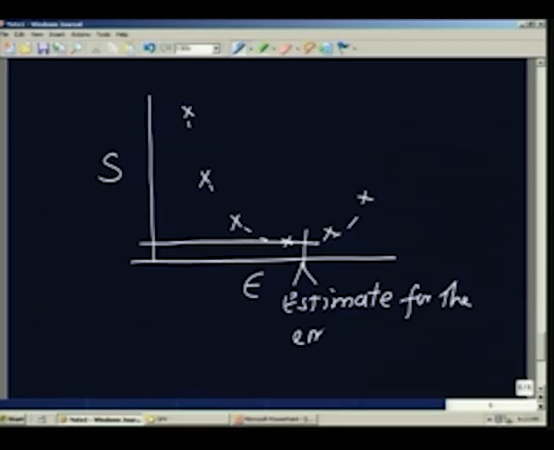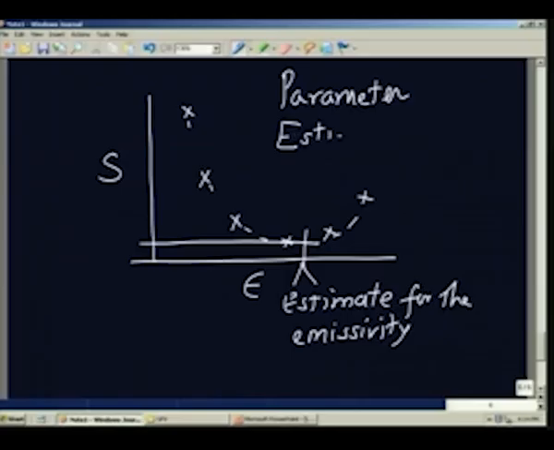So, basically, the method I have given in brief is called parameter estimation. It is a parameter estimation problem. It is also referred to sometimes as the inverse problem, because we are solving the direct problem with different values of epsilon and finding out that value of epsilon which is the best from the viewpoint of minimizing the sum of the squares of the errors.